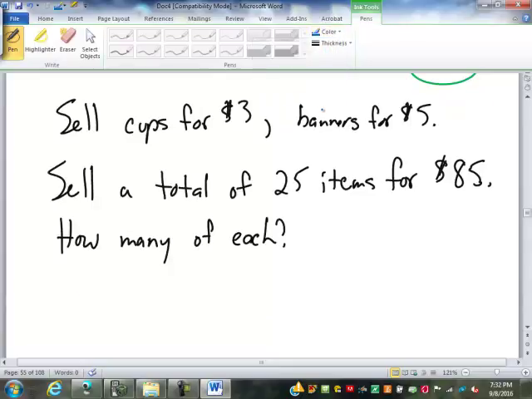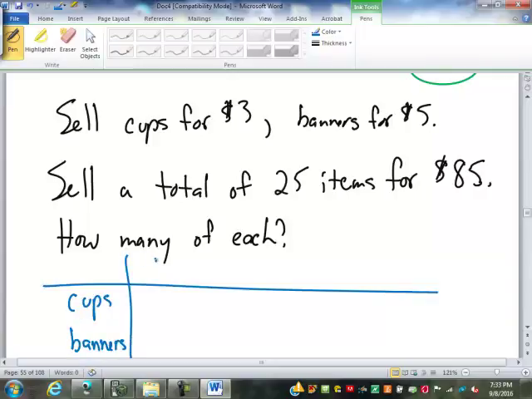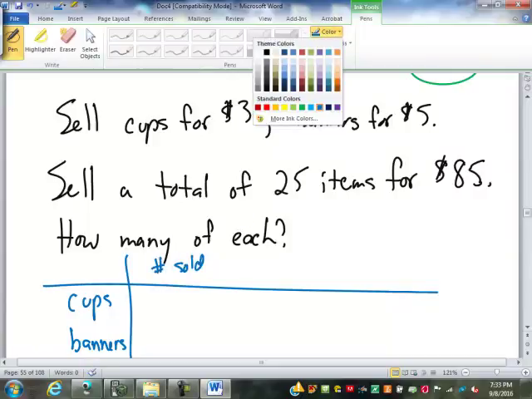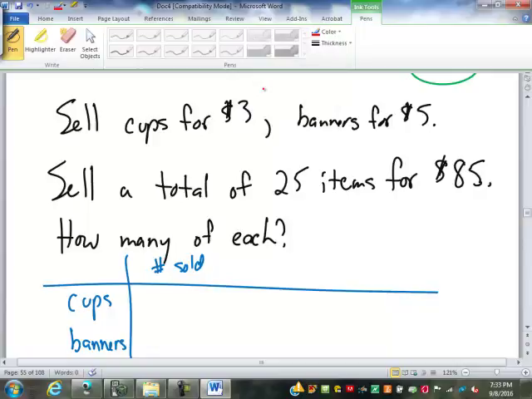So we still have cups and banners. We're still representing the number sold. But we don't have one as being so many times the other anymore. We're not even told that one is this many more than the other.